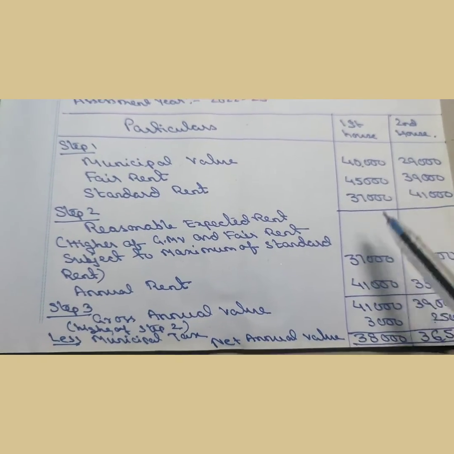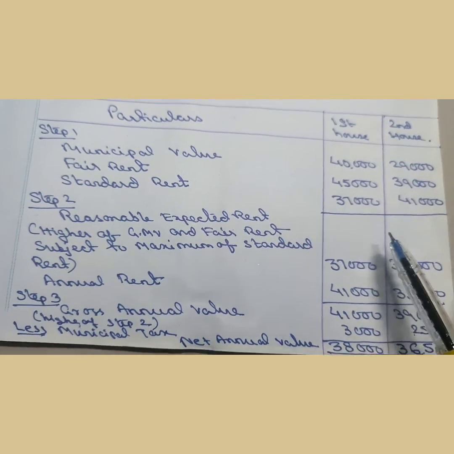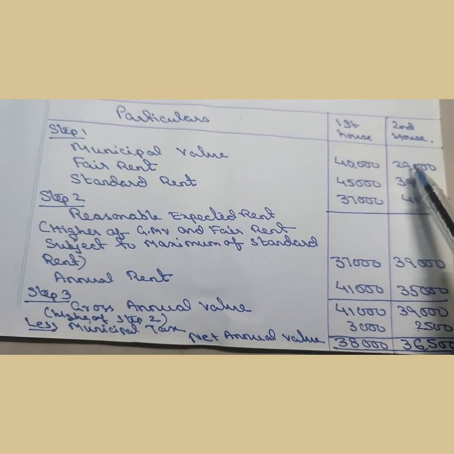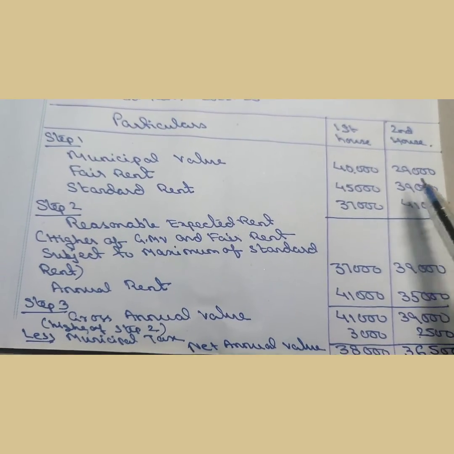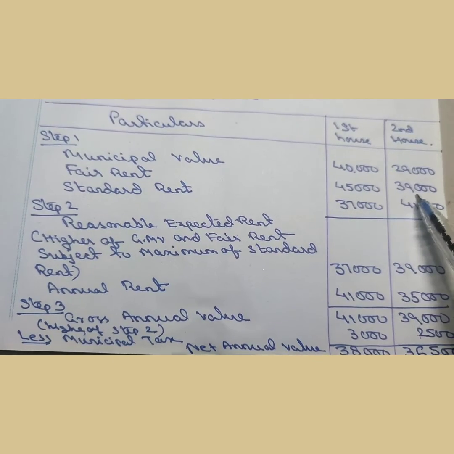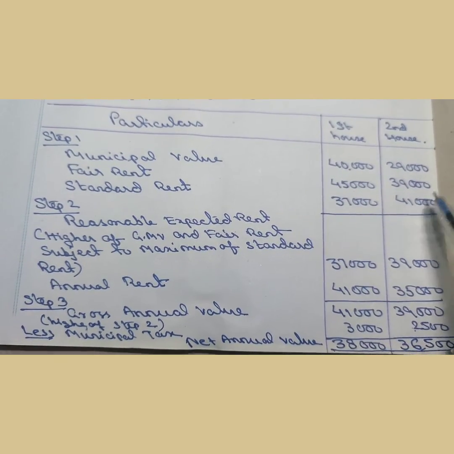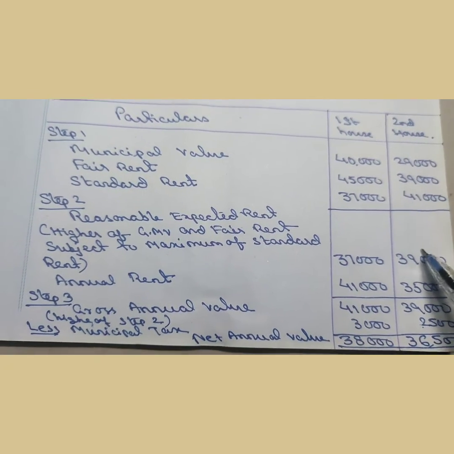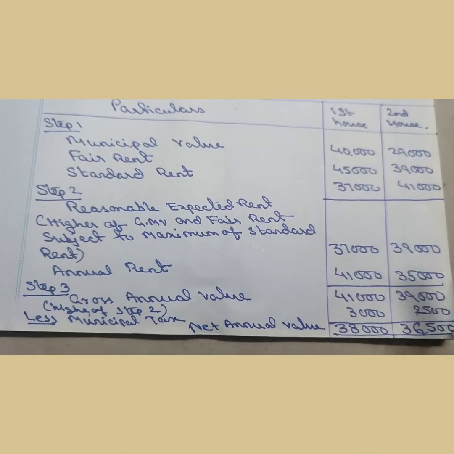So we have to take this standard rent as the reasonable expected rent. And in case of house 2, when we compare these two, municipal value 29,000 and fair rent 39,000, higher is this 39,000 and it does not exceed standard rent, which is 41,000. So this 39,000 will come as reasonable expected rent.